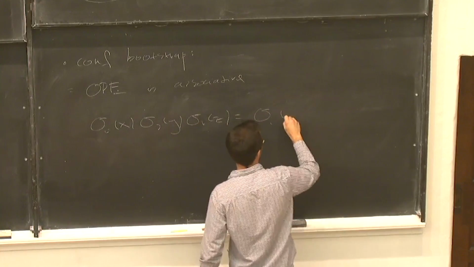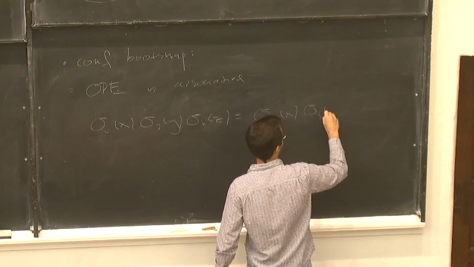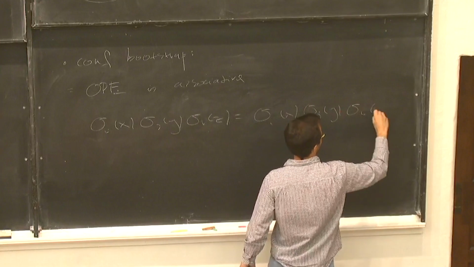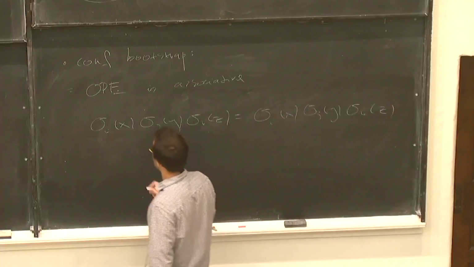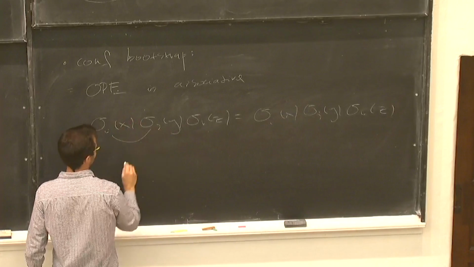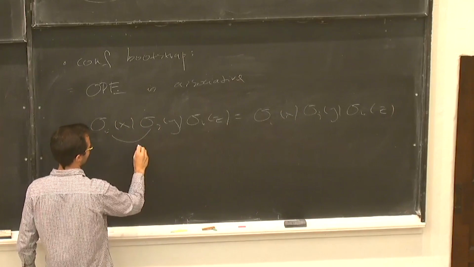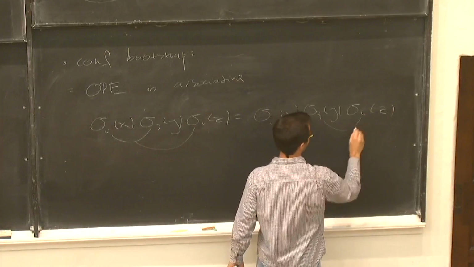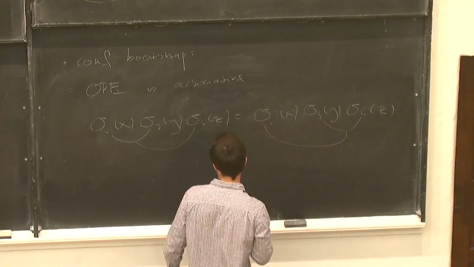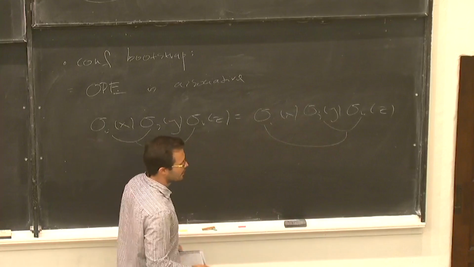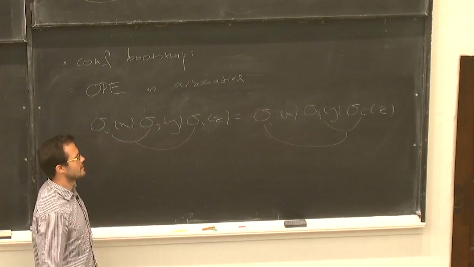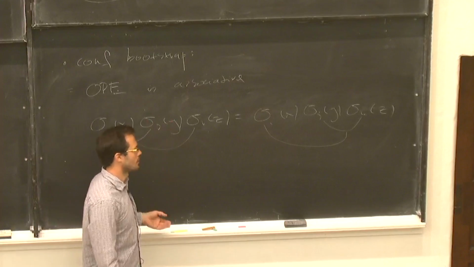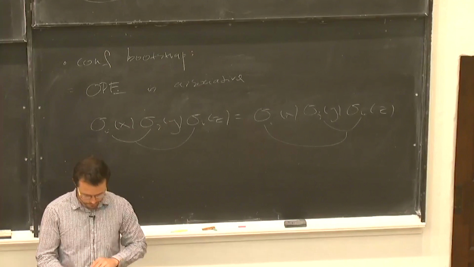It's just a statement that the product of 3 operators is equal to the product of 3 operators, where we can use the OPE either first like that, we get some infinite sum, and then we can do the OPE of that sum with this guy, or we can do it the other way, like that. And those 2 expansions must be equal as vectors in the Hilbert space or as local operators.